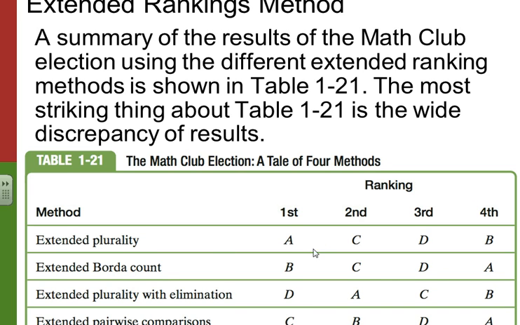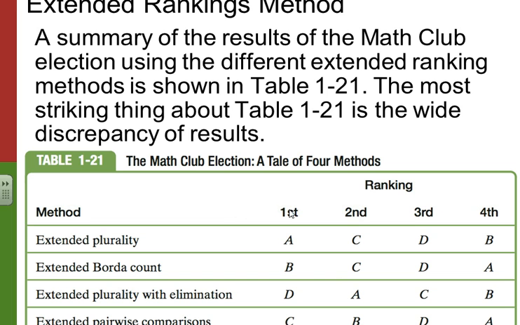So we have extended plurality A1, and vote count B1, and with elimination D1, and pairwise comparison C1. So everybody came in first place depending on the method we used, and people came in second, third, and fourth a little more consistently, but not that much more.